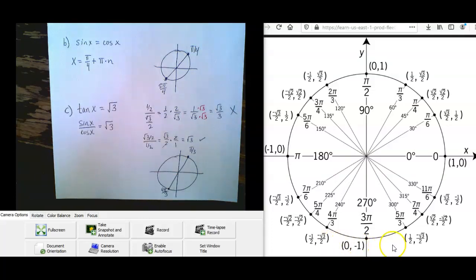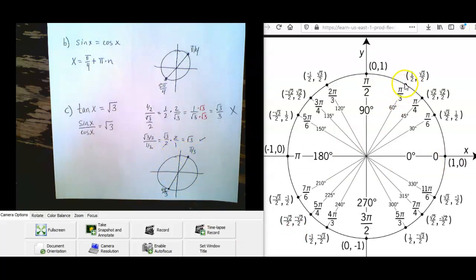If we continue to go around, here's another point like we had, but if we divide, we get the negative square root of 3. So that is not a solution. This, of course, is not going to divide to the square root of 3. So we have found all the solutions on the unit circle such that tangent of x is equal to the square root of 3. To generate all the solutions, we can do a similar technique as what we did last time.